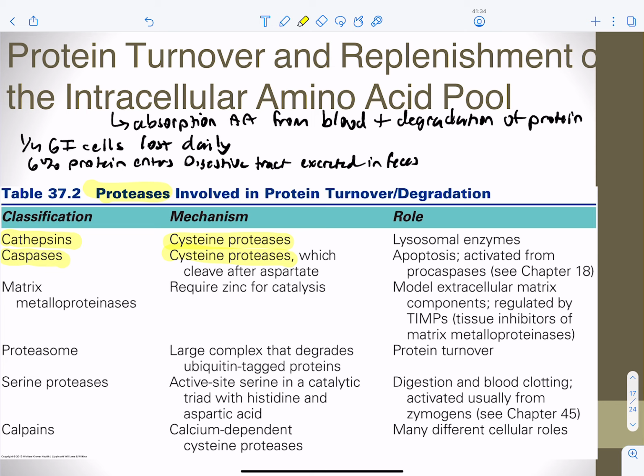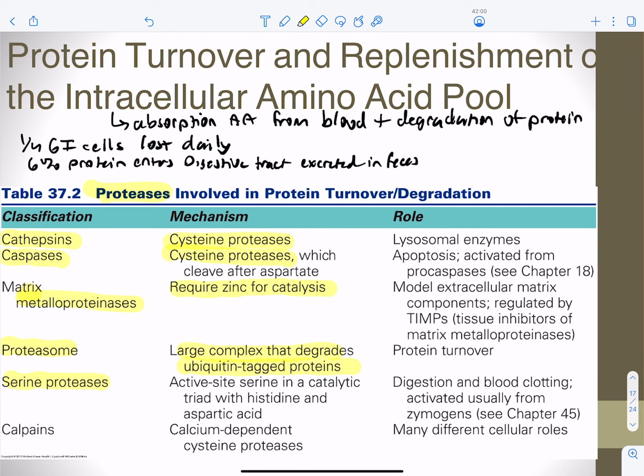You have your metalloproteases, and these are named metallo because they use metal in their active sites, and your matrix metalloproteases require zinc. You have a proteasome, which is going to be a large complex, and this is going to use ubiquitin-tagged proteins to digest. We again have a series of serine proteases, and these are going to be in a triad.